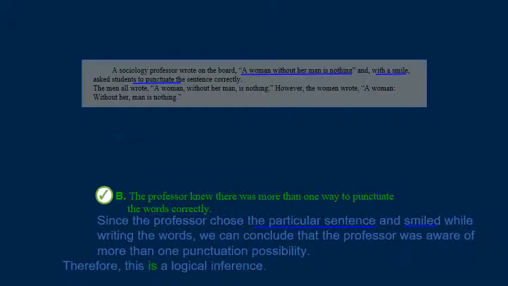That is why option B is a logical inference: the professor knew there was more than one way to punctuate the words correctly, whether "A woman, without her man, is nothing," or "A woman: without her, man is nothing." So option B is the logical inference.